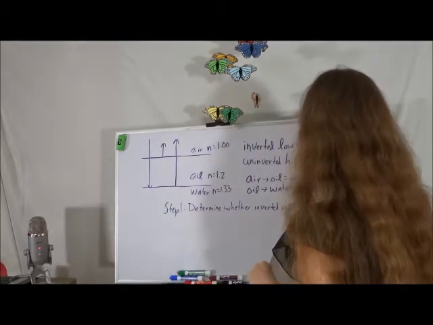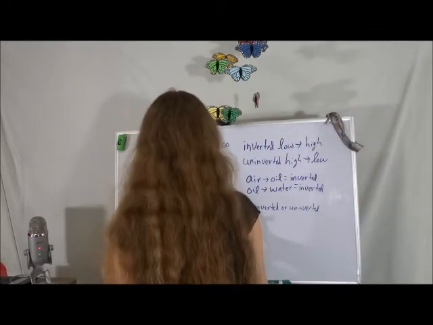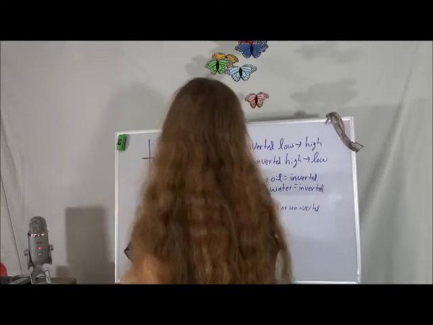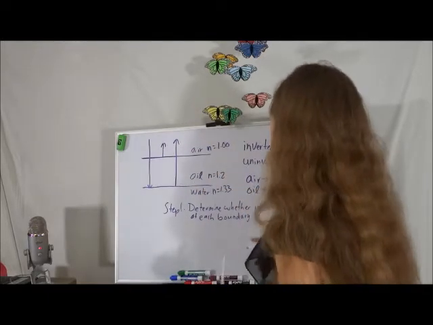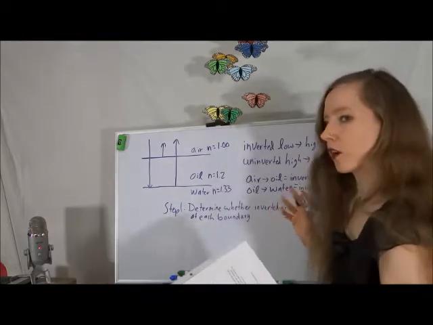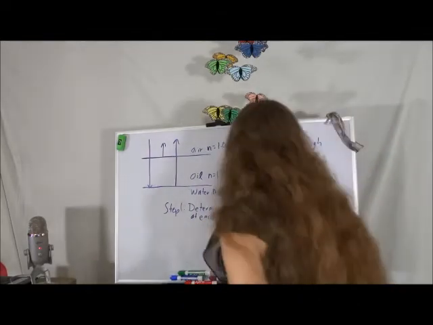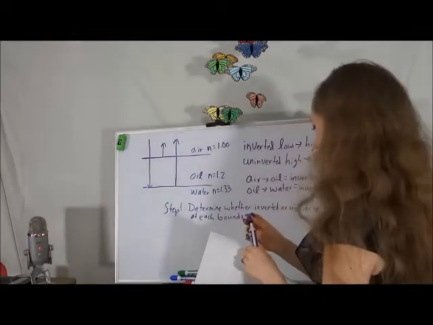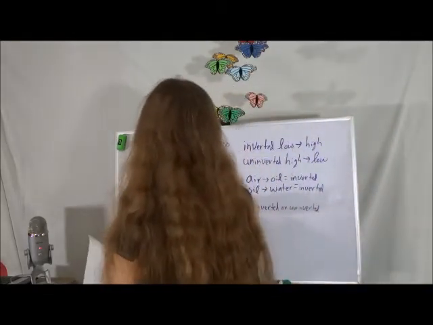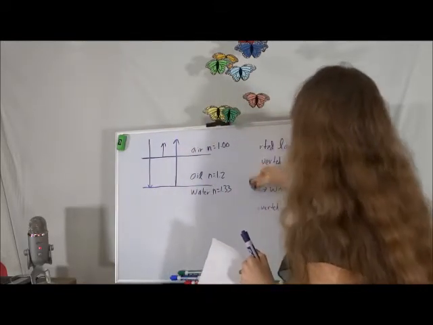Step 2, and that's going to be at each boundary. You're going to have one ray at this boundary, one ray at this boundary, and we have to figure out what's happening when we hit those boundaries. Our next step is to determine whether our interference is constructive or destructive. If they come out doing the same thing, so if they're either both inverted or both uninverted, they will interfere constructively.